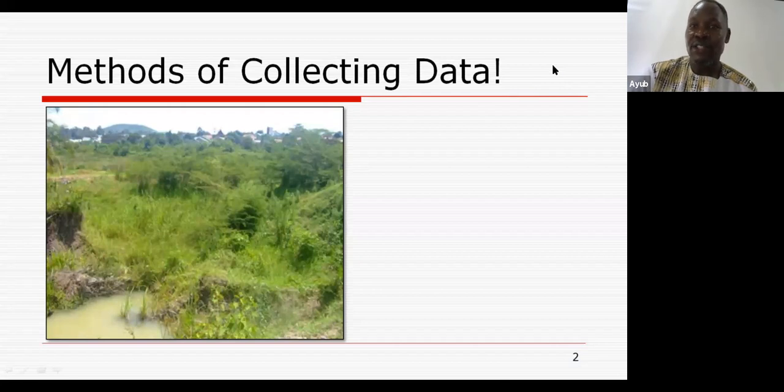Okay, so let's go to the methods of collecting data. Now, you are going to study that picture. Are you able to see the picture that I've put up? That picture is in the field.